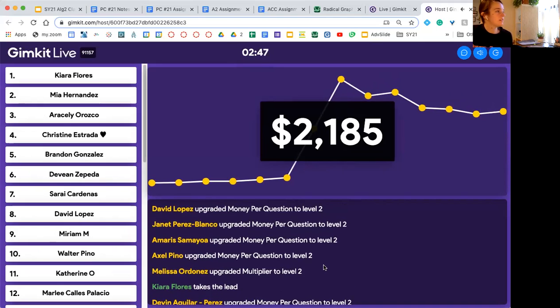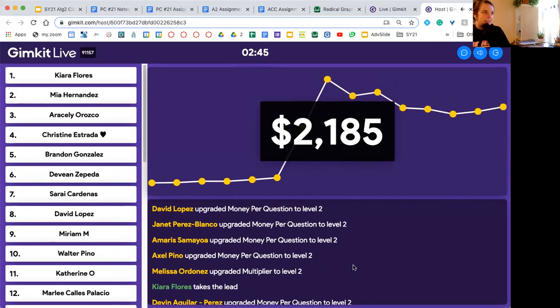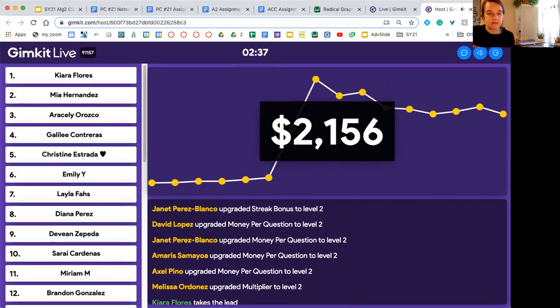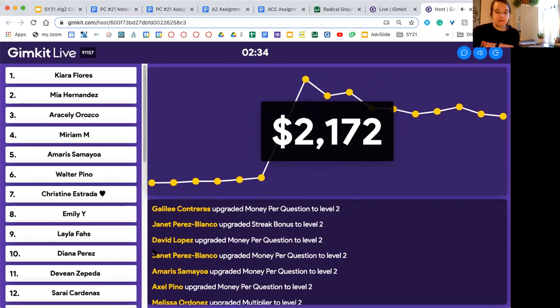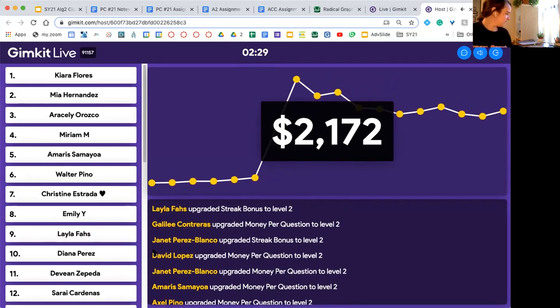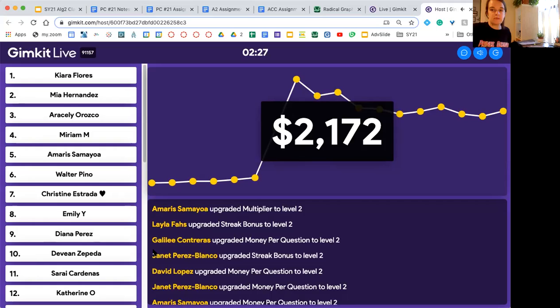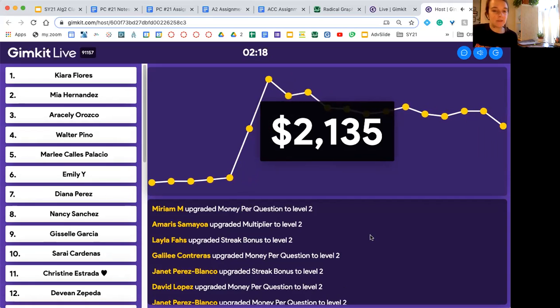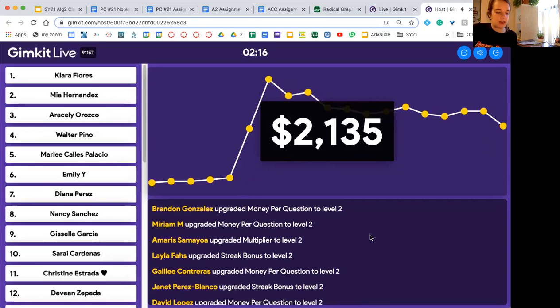Lots of upgrades happening. I like what I see. We're closing in on halfway. This is a quick match, quick match.